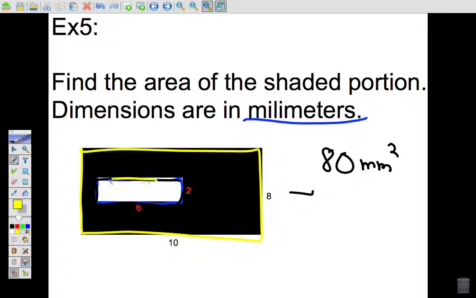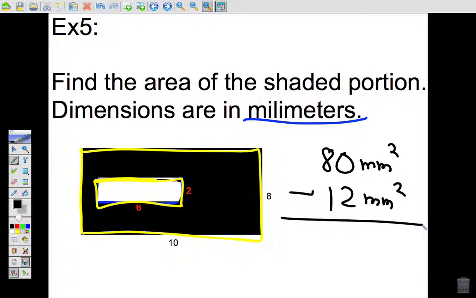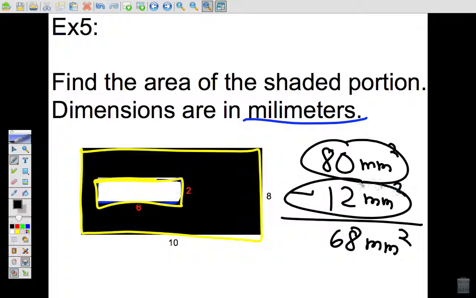Let me put this in a different color. So subtract this part. Subtract the area of that. Okay, what's the area of that inside part? It's 6 by 2, so that's 12 millimeters squared. And let's see, 80 take away 12 is 68 millimeters squared. So in other words, once you take the area of the whole thing and take away the middle part, what's left over is the shaded part.